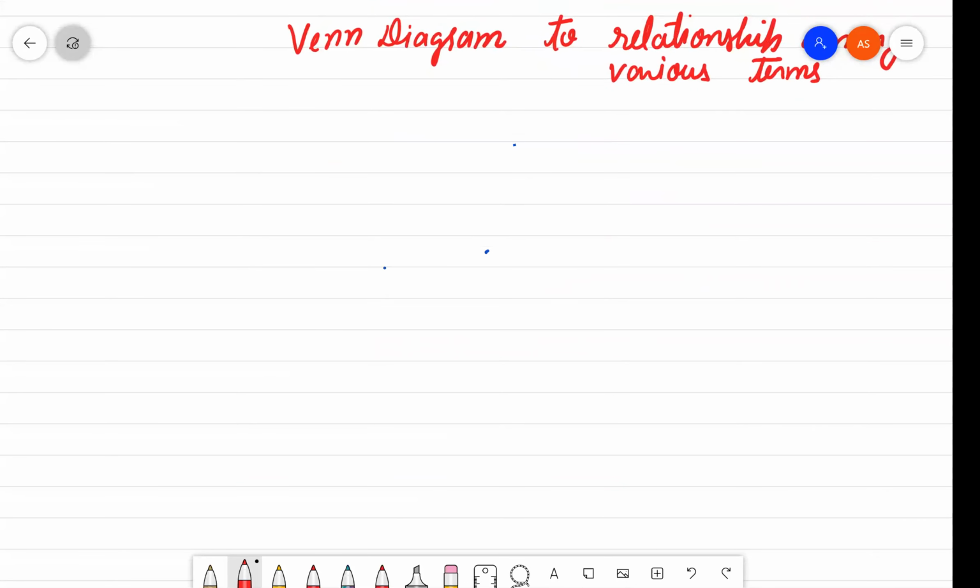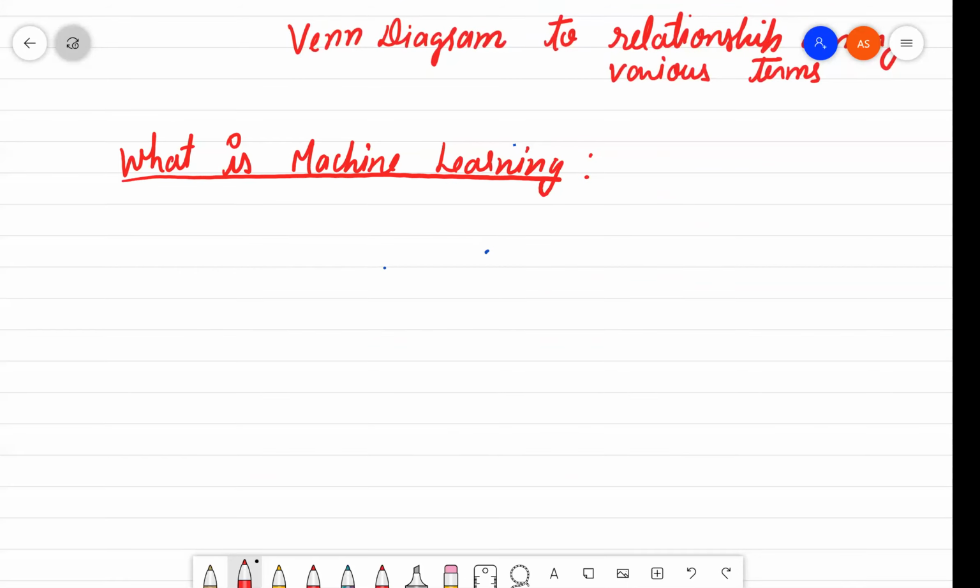Now, what is machine learning? As I just told you, machine learning is the study of computer algorithms that improve automatically through experience.